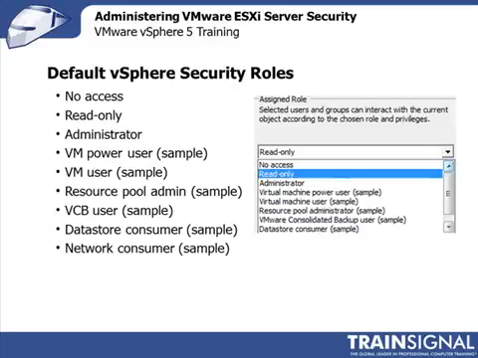You could assign the virtual machine power user role to him, let's say, and he has those privileges. But you might want to look at that role and see, maybe he just needs virtual machine user. You just have to check out these sample roles and see. If the sample roles don't fit what you need them to do, you can create your own roles. So the only roles that you have to have are no access, read-only, and administrator. Then from there, you can create whatever roles you want to create.